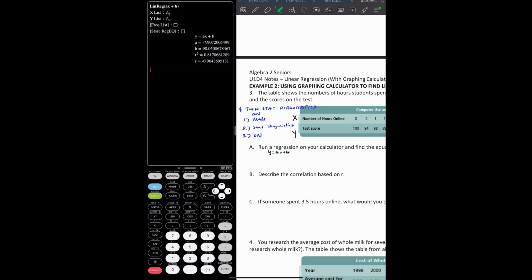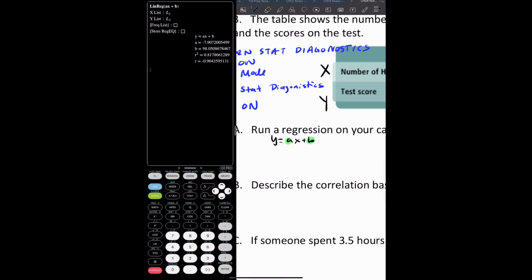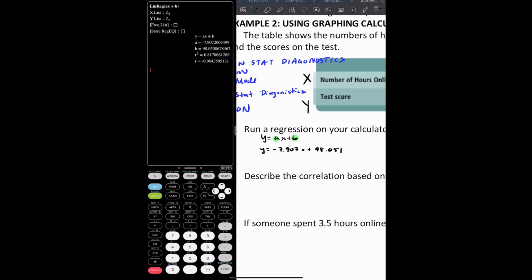So what we're going to do with each of these values is round to 3 decimal places. So with my A value, I have negative 7.907x plus 98.051. So this is my equation of the line of best fit.